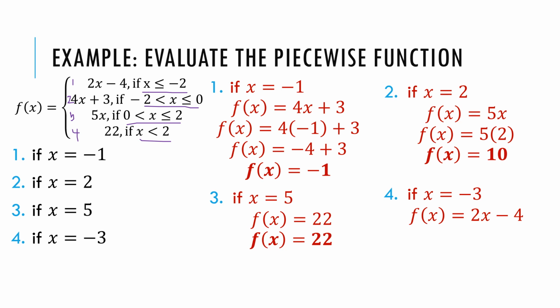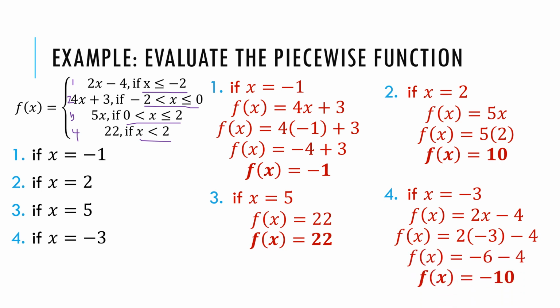So, we have f of x equal to 2x minus 4. Substitute negative 3 to x. So, 2 times negative 3, the answer is negative 6 minus 4. And final answer is negative 10. So, that is how you evaluate a piecewise function. Nakadepende kung saang interval siya pasok.